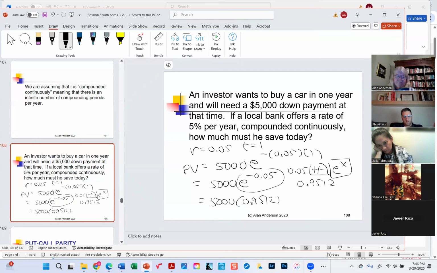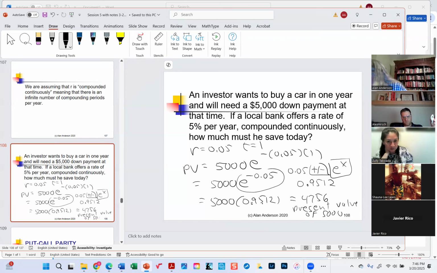Okay, perfect. So this amount, 4756, is referred to as the present value of $5,000. Because that's how much we need to have now, given that we're earning this rate of interest for a year, and also given that the rate of interest is compounded continuously.